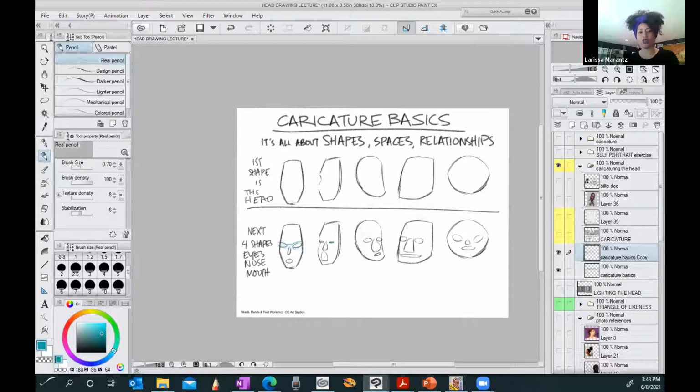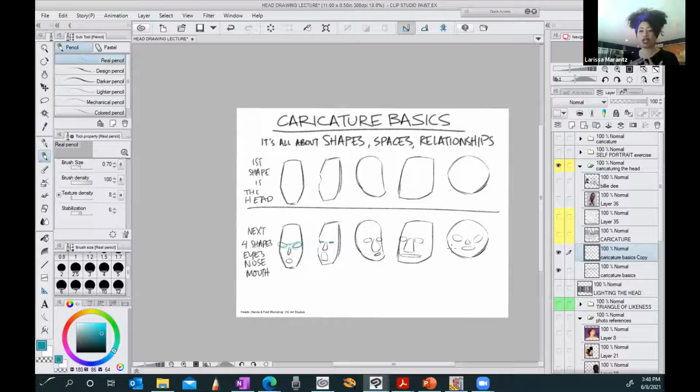Then you're looking at how far they are from each other: the positive shapes, and the distances between them. Whether the eyes are close together or far apart, thin or wide, whether there's a lot of empty space, or free real estate, as Caleb was calling it, between the top of the head and the eyes. Those are the shapes you're looking for when drawing a caricature.